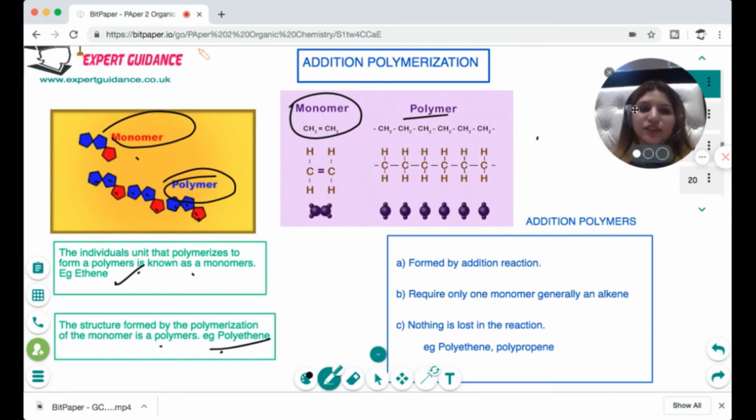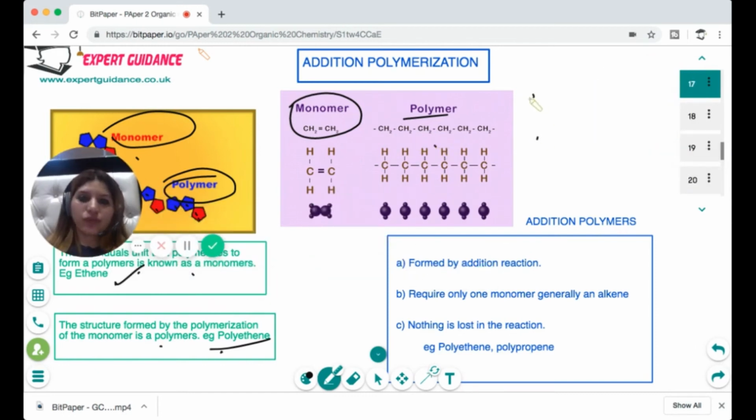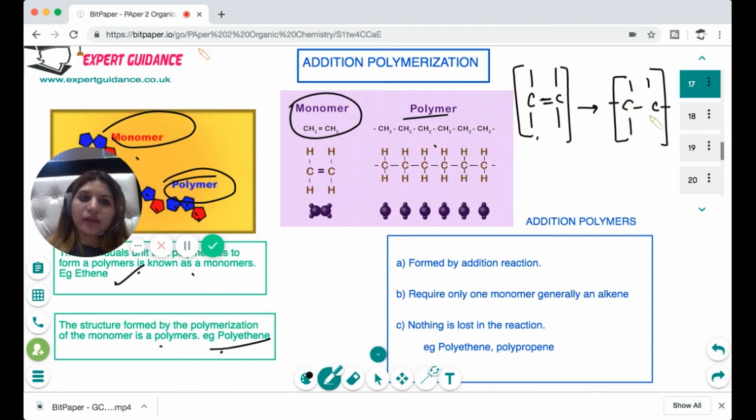Now I'll tell you the trick for how you need to write the polymer equation. Always write the ethene or any alkene molecule such that there's a double bond in the center and all the groups are at the top and the bottom, nothing to the left and the right side. And when you polymerize this structure, remove the double bond, draw the bars at the ends, and then write n.